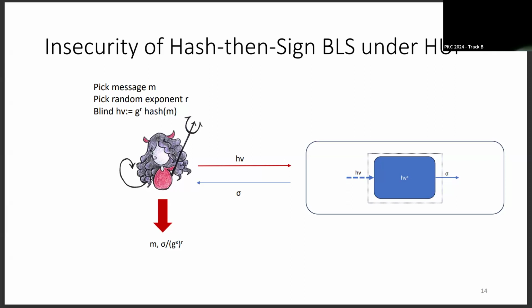It sends this hash value to the signing oracle, which outputs the signature sigma. And now it delivers as a forgery the pair M, sigma divided by g to the x, which is the public key, to the power r. If you check it for maybe 20 seconds, you figure out that this is a valid forgery. And it's on a fresh hash value because the hash of M has never been asked to the signing oracle.